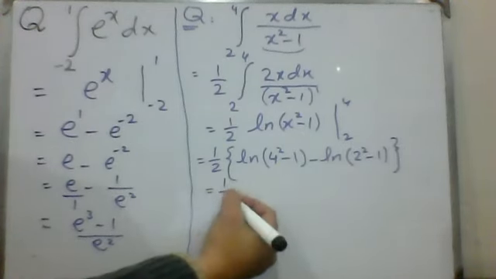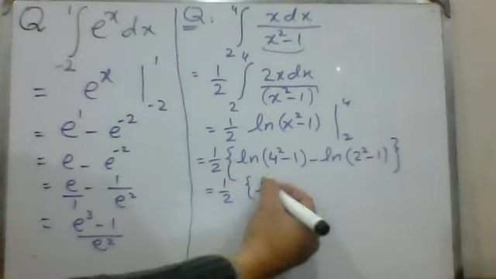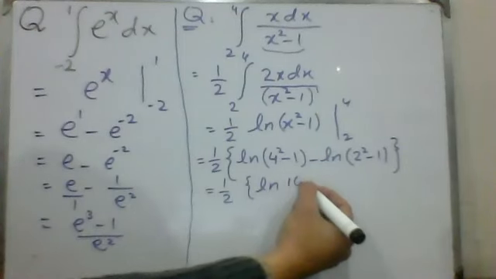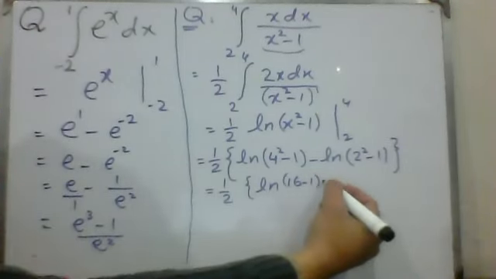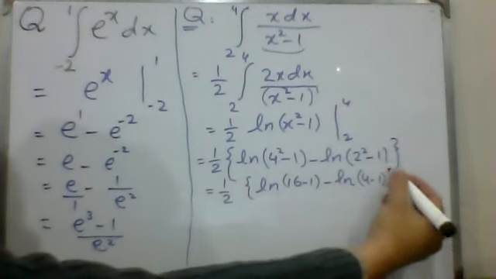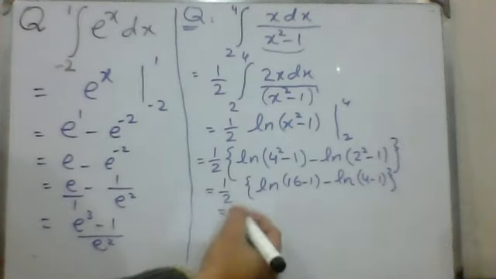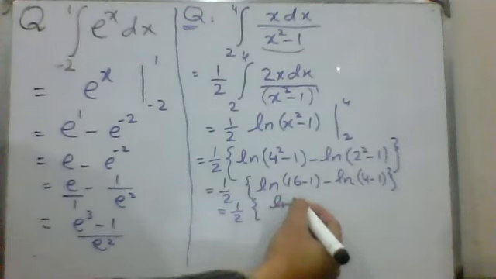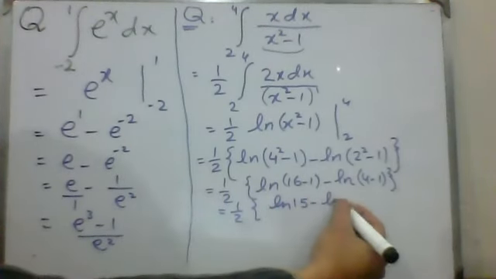So 1 by 2 ln of 4 square, 16 minus 1, minus ln of 4 minus 1. 1 by 2, that is ln of 15 minus ln of 3.